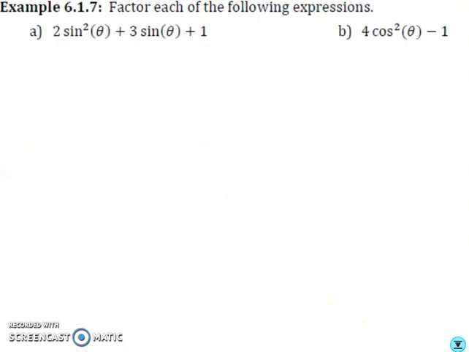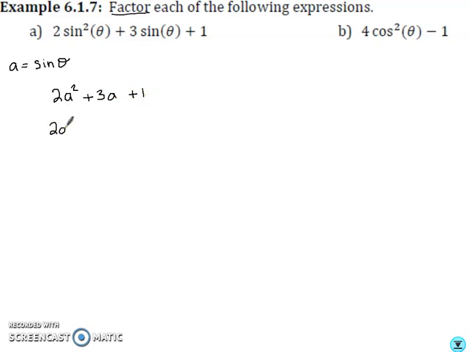In these next couple, we are going to go backwards. We are going to take an equation in standard form and factor it. So what I'm going to do first is let A be equal to sine of theta. So I can factor this using substitution to make it a little bit less complicated. So I've got 2 times sine squared, or 2 times A squared, plus 3 times sine, or 3 times A, plus 1. And then we can factor.